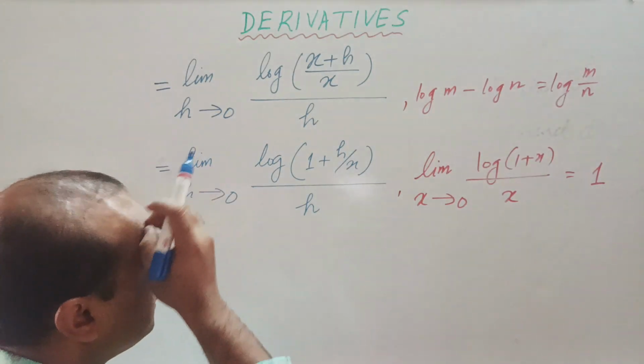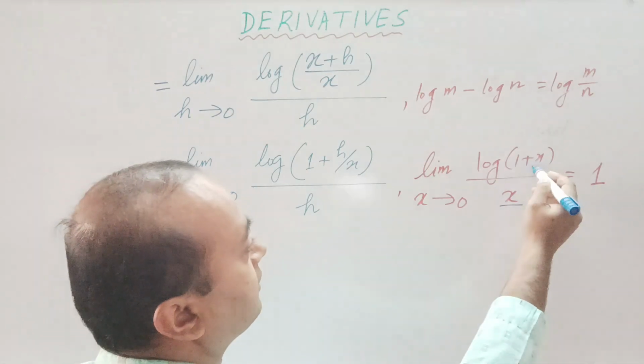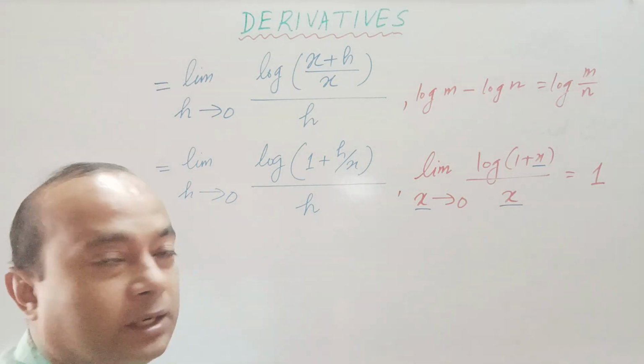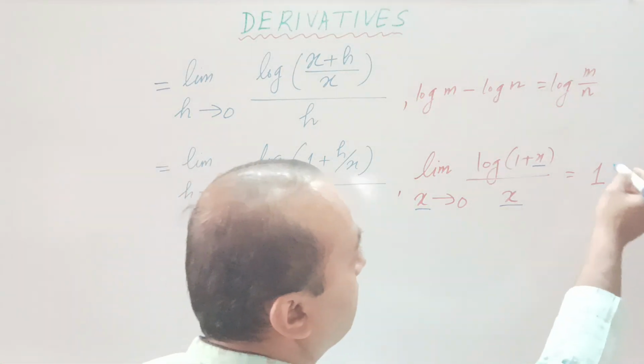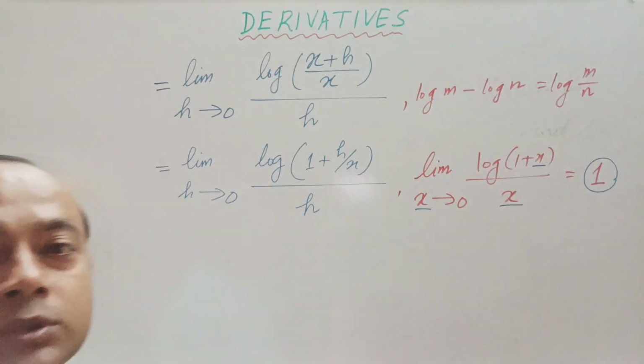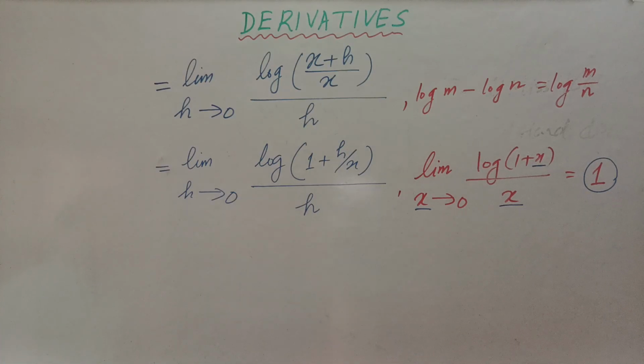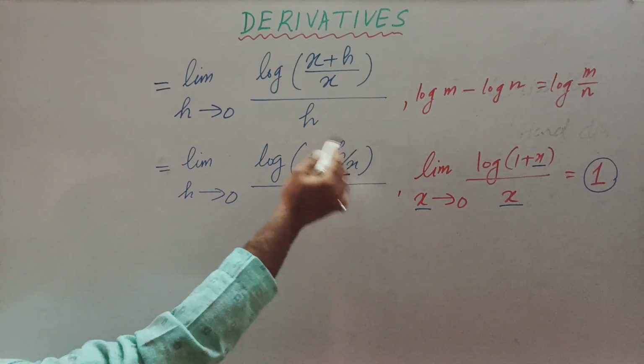But here the condition is that if these three x are identical, then only this value becomes 1. But here what do we see? This is h by x, this is h, this is h. These two are fine, but this is h by x. We can make a change in this one, but we cannot make a change over here.